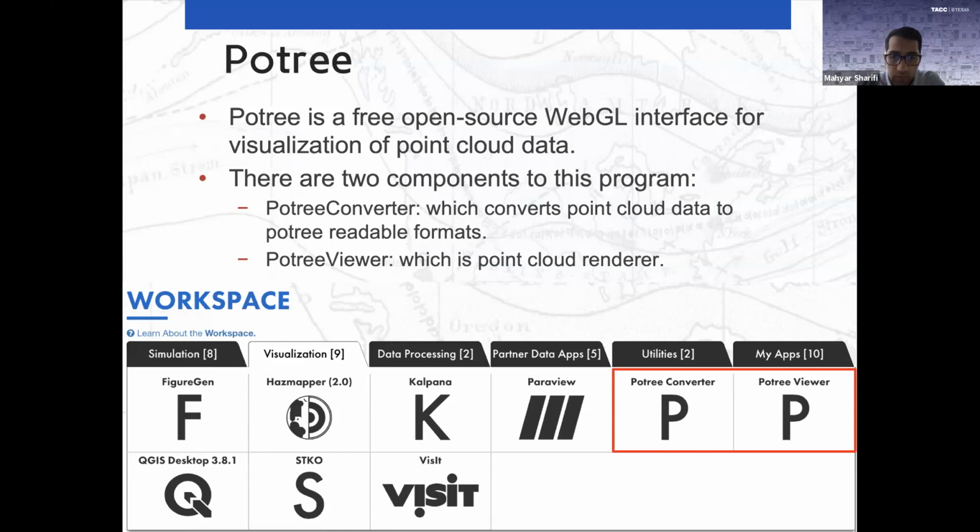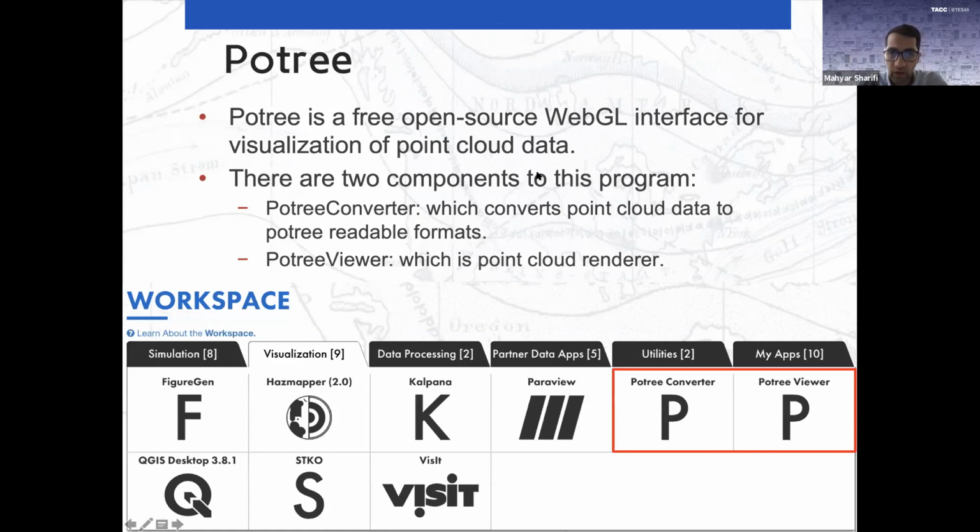And structure from motion is a computer vision algorithm that is used on a variety of pictures taken of an object to reconstruct the object in 3D with point clouds. Both of these essentially result in point cloud files.